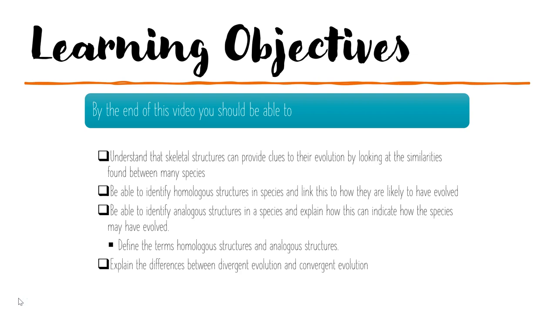And to be able to identify analogous structures in species and explain how this can indicate how the species may have evolved as well. Which means that you need to be able to define the terms homologous structures and analogous structures and know what they mean. And then explain the differences between divergent and convergent evolution, which are the patterns of evolution that we will look at that the structures of the skeleton give us clues about.